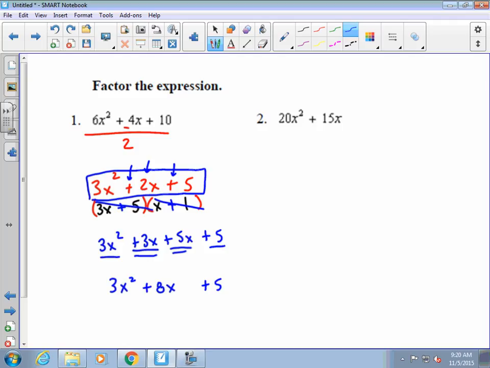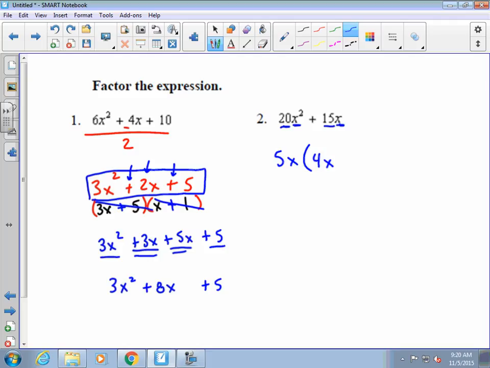We're going to do the same thing with number 2, 20x squared plus 15x. We're going to pull out everything that both of these terms have in common. As far as the numbers go, 5 goes into both of those, so we'll pull 5 out. And as far as the variables go, x goes into both of them. So 5x. So you ask yourself, what do I multiply 5x by to get 20x squared? 5 multiplies by the number 4, and x has to multiply by x to give you x squared.